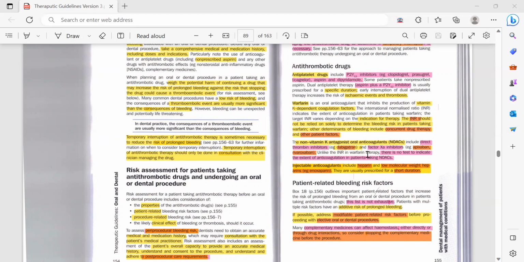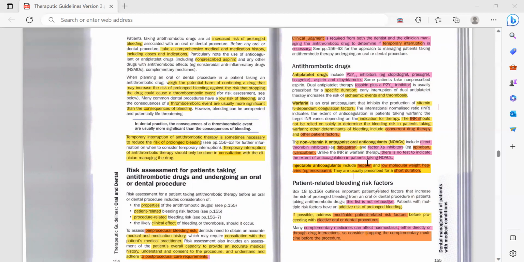Okay, so unlike the INR in the warfarin therapy, there is no test to indicate the extent of anticoagulation in patients taking NOACs. So for warfarin, we have the INR test, but for dabigatran and apixaban, to measure the anticoagulant in their blood, we do not have any reliable test.